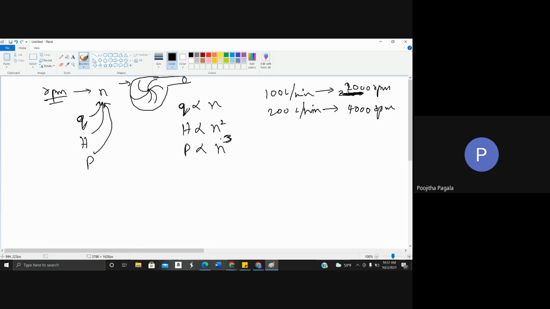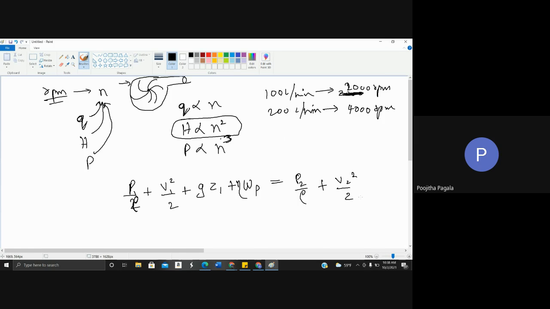And for example, head. What is the head developed in a centrifugal pump? If you look at Bernoulli's equation, P1 by rho plus V1 square by 2 plus gZ1 plus eta Wp is equal to P2 by rho plus V2 square by 2 plus gZ2.